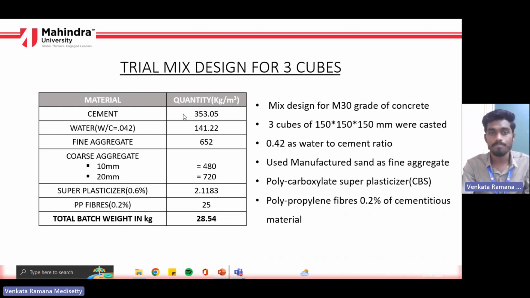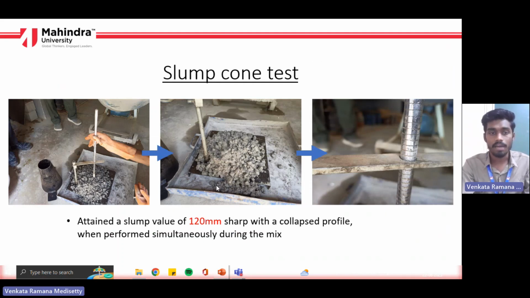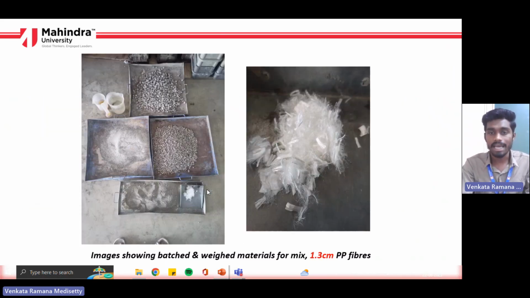So here are the quantities, volume of concrete, and this is the total batch weight for the trial mix. And after the mix, I performed a slump cone test, where I got almost 120 as the slump value, and then some images of polypropylene fiber in real and all the other materials used for casting.